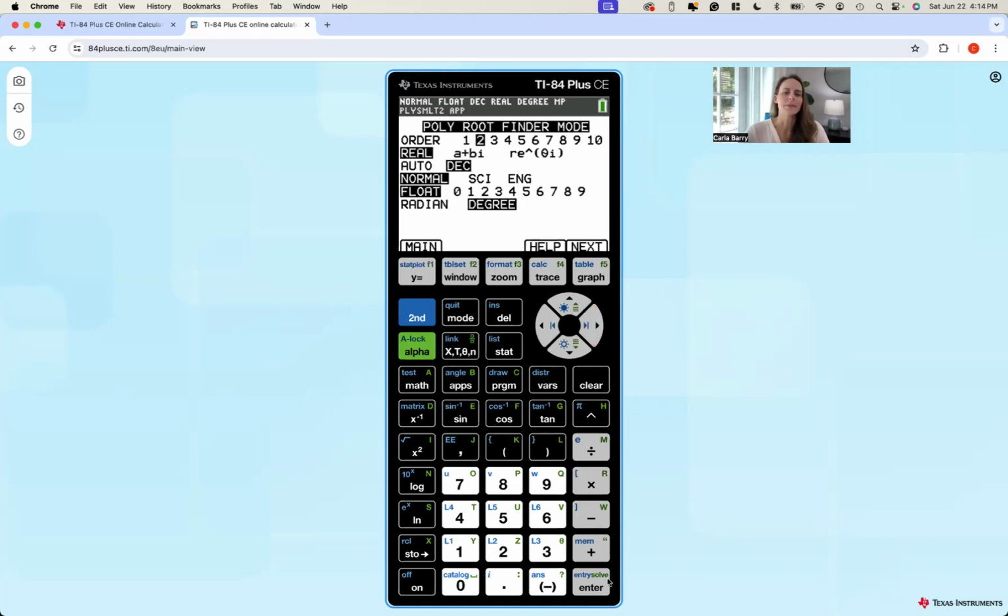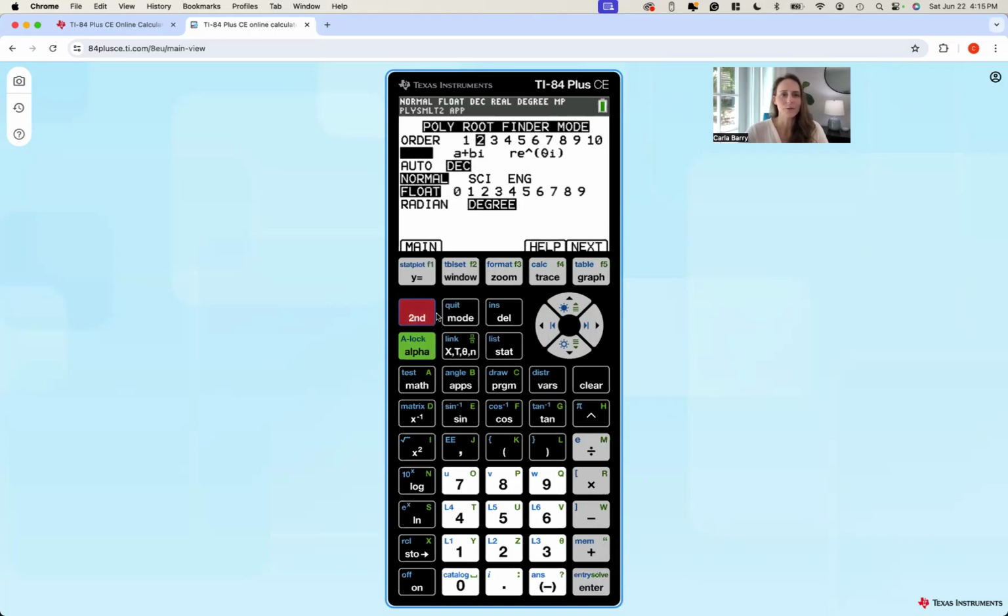You could get a plus bi solution. So you could change it to imaginary solutions here. And you would know to do that when the answer choices have the i in them and it's a polynomial. You'll know, oh, answer choices with i, I need to change this to a plus bi. So there will be a clue.